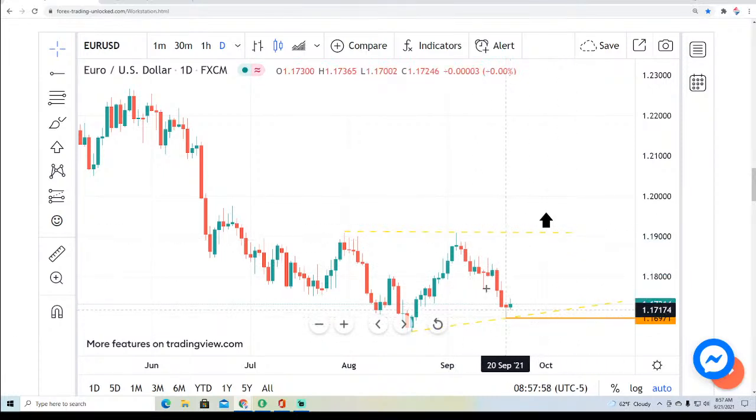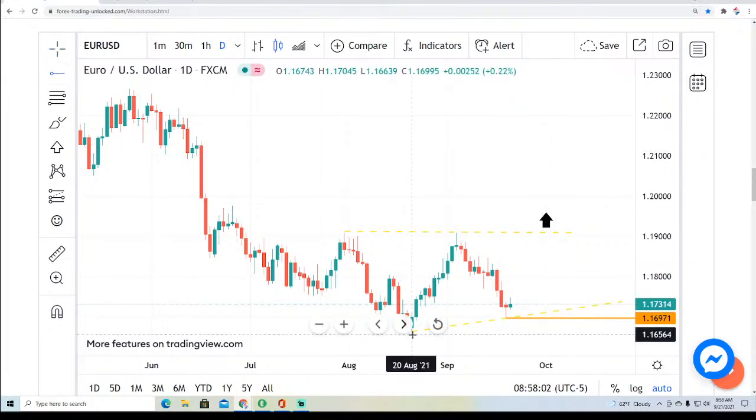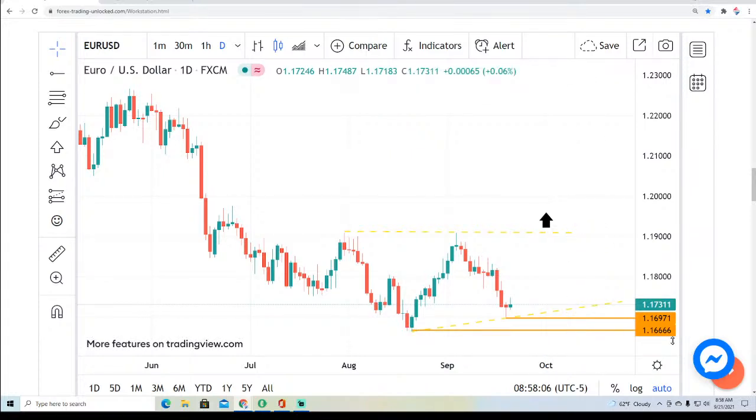So right now, if you are an aggressive bull, you could risk the low from back here at the 116.66-ish area. Anything below here, you don't need it, you're wrong. So right now we're trading at 117.31.